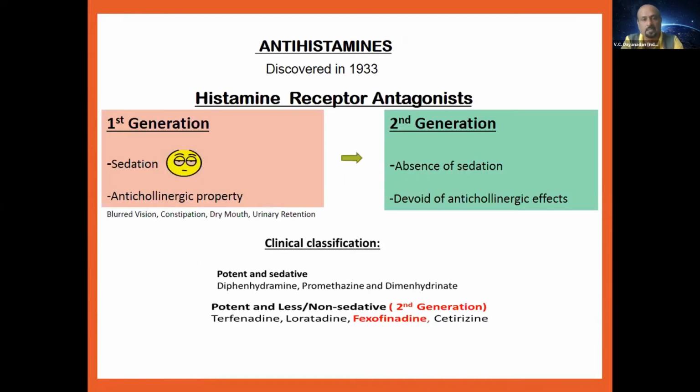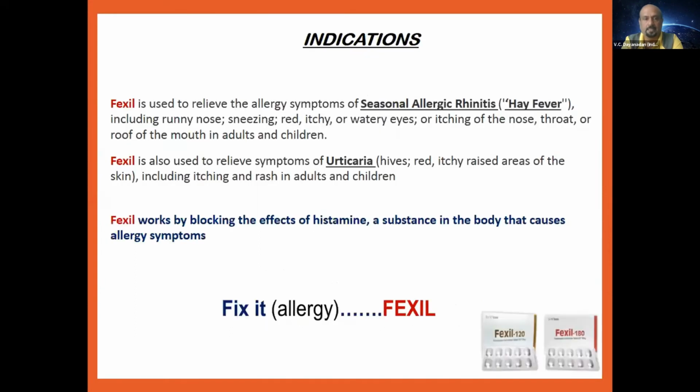We have the 2nd generation antihistamine. Of course, the 1st generation antihistamines are really good too, but they have their limitations of side effects like blurred vision, constipation, dry mouth, and stuff like that. The 2nd generation antihistamines are devoid of all those side effects, and they are also found to be very popular across the globe. And we have the 2nd generation, which is fexofenadine, from Indus Life Sciences.